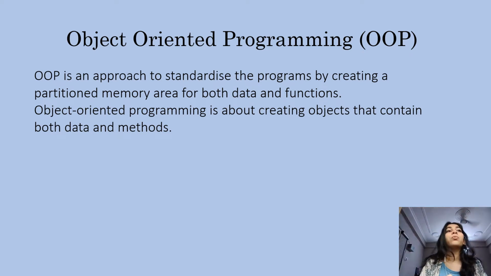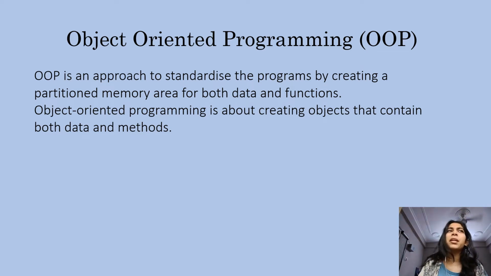Object oriented programming is a programming language that uses classes and objects to create models based on the real world environment. Each object includes a set of data and related functions, and the data values of an object are applicable only within the functions associated with the object.